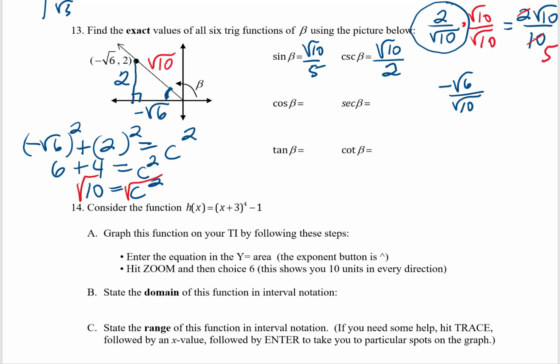Got a couple of square roots in this one. I only care about square roots on the bottom as far as the simplifying goes. So I'm going to have to multiply here by root 10 over 10. That's going to give me -√60 over 10. And then I think I can break up the 60. 60 has a 4 that goes into it. So you can split that up as 4 times 15.